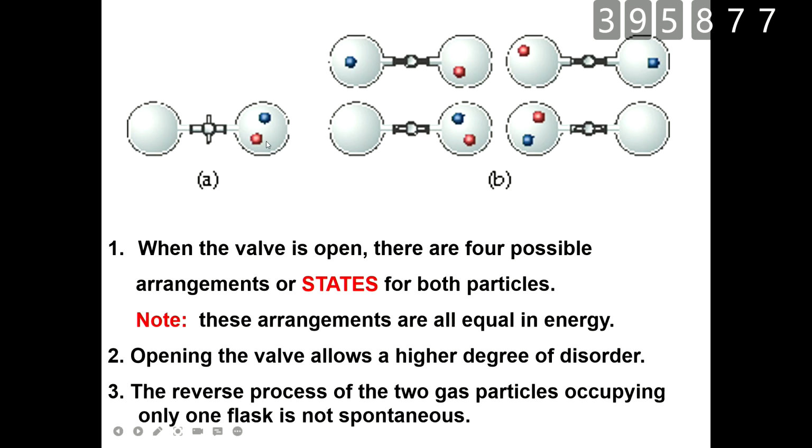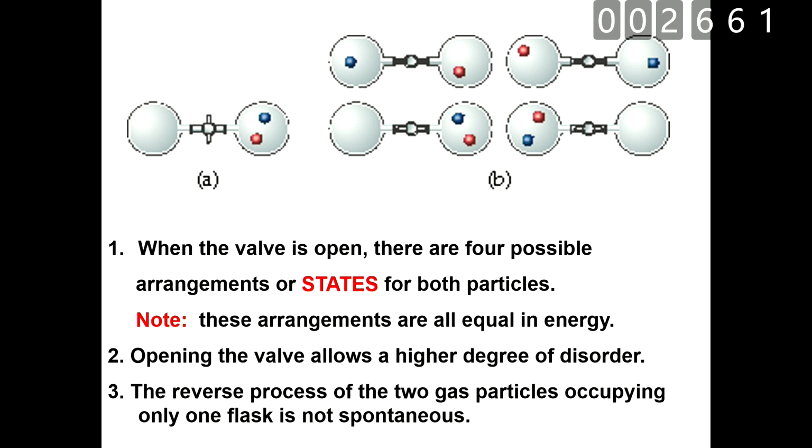Suppose there are only two molecules on this side, in B. If we open the valve, there are 4 possibilities. If one is the blue one and one is the red one, the blue one can be on this side and the red one on this side, or the red one here and the blue one there, and of course this is also possible: both of them go back to here.